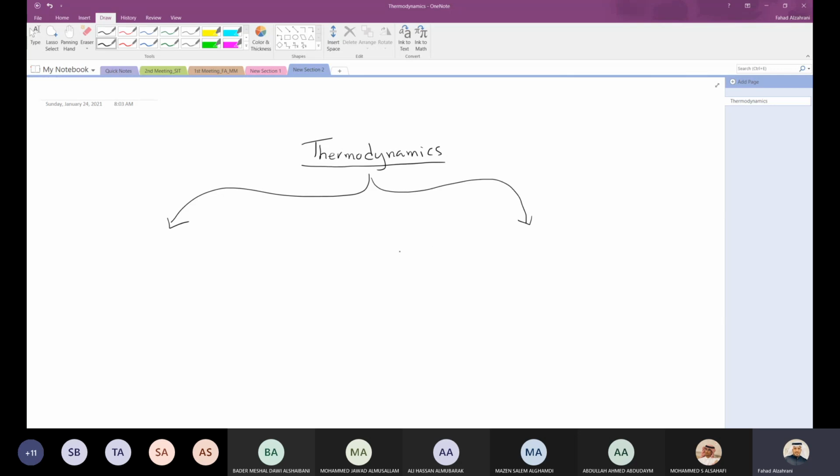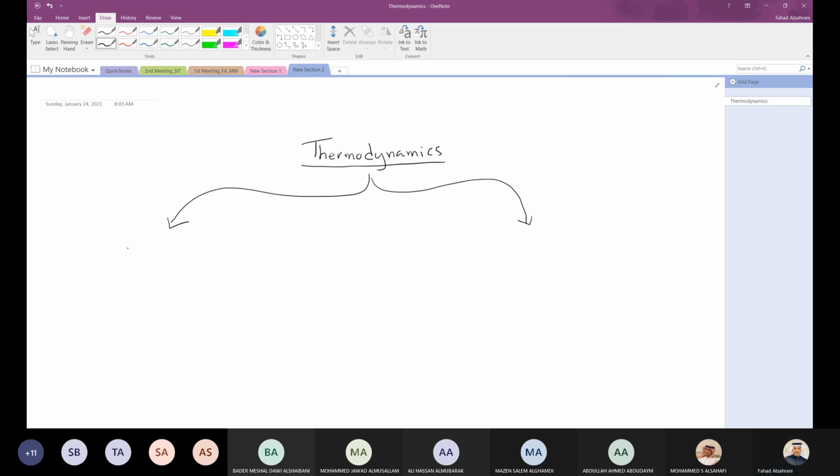These different perspectives are important for you to understand. Whenever you hear thermodynamics, right now you know what thermodynamics is about. But how do we analyze problems in thermodynamics? How do we look at systems in thermodynamics? Okay.